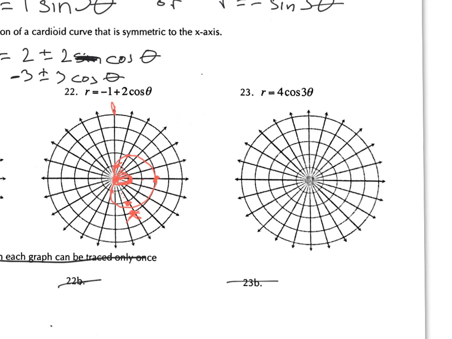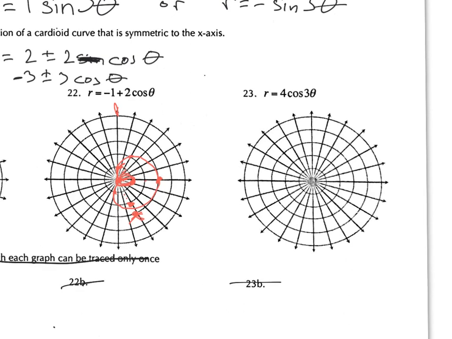They're straight to the right, so that's going to be 0, 4. On 120, it's going to be at 4. And at 240, it's going to be at 4.